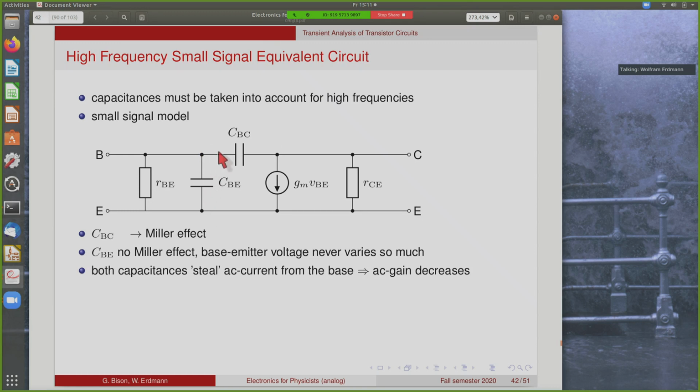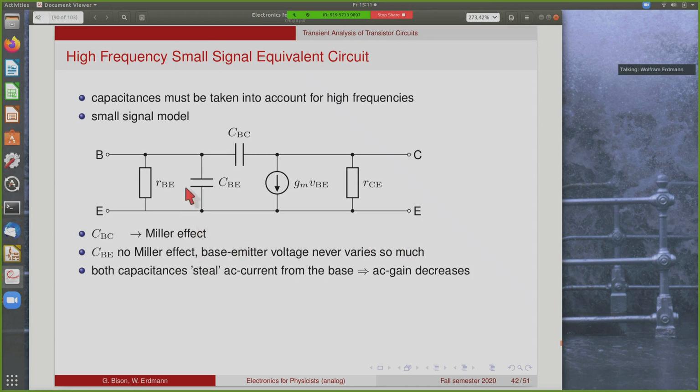So the CBC gives rise to the Miller effect that we've seen, and the CBE does not usually have any Miller effect, because in whatever circuit you do with a transistor, the base emitter voltage never changes very much. It's always close to this diode drop of 0.6, 0.7 volts.